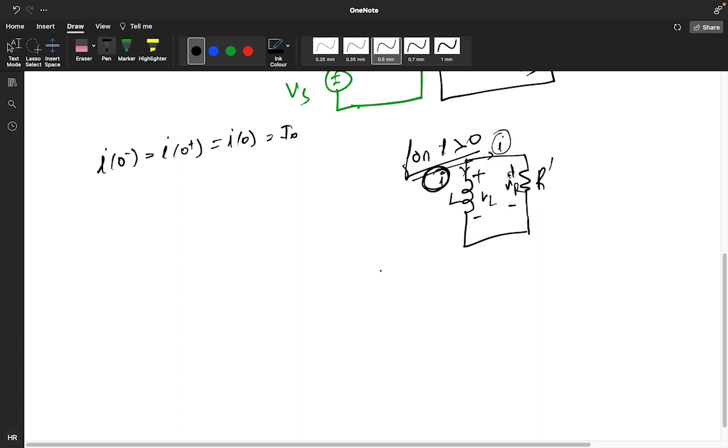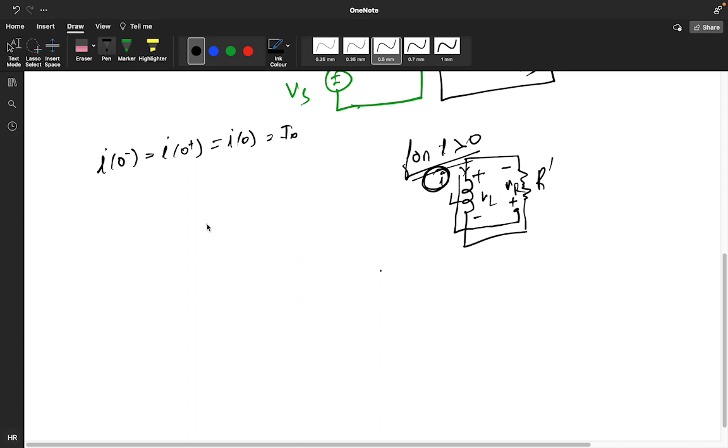So that's why I am considering this as positive negative V of R, because the current is going like this.